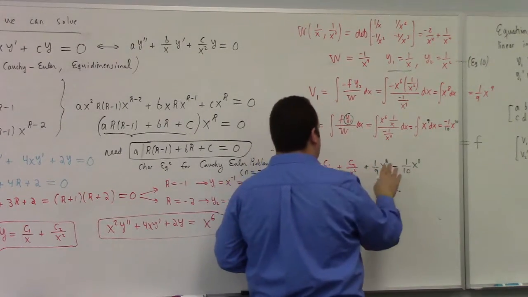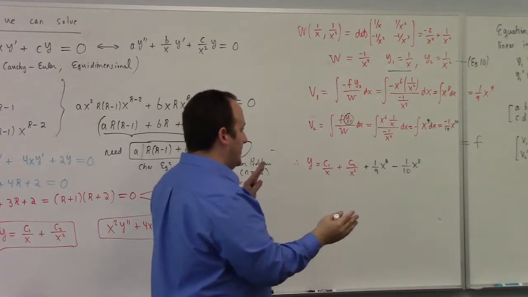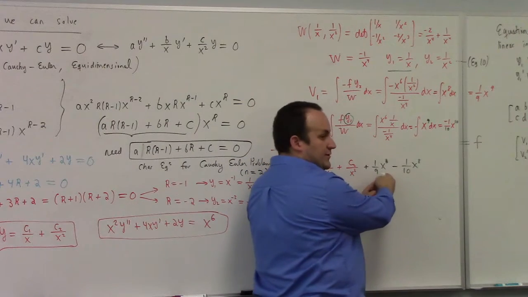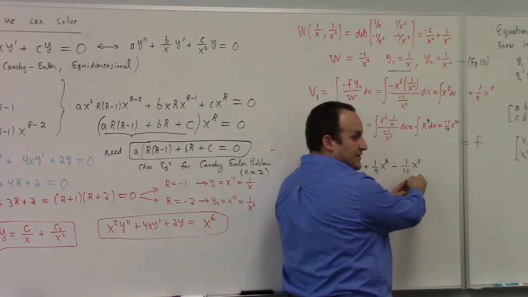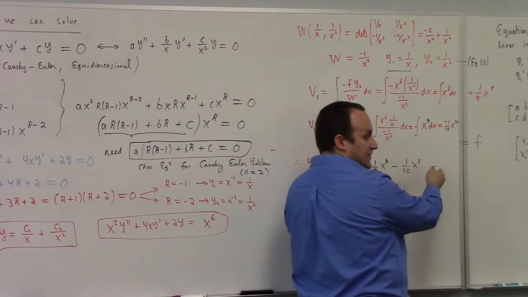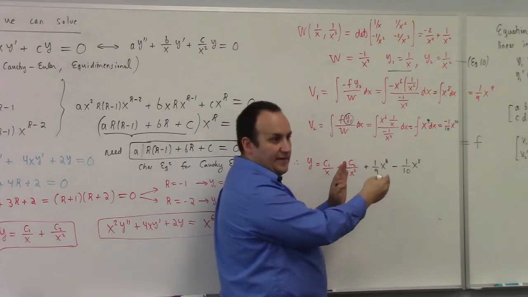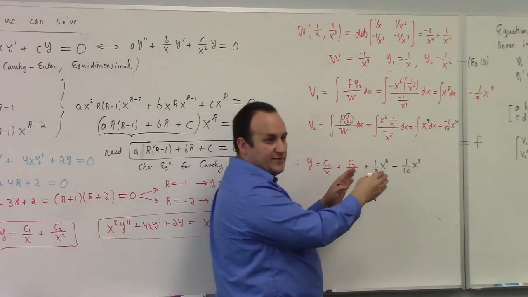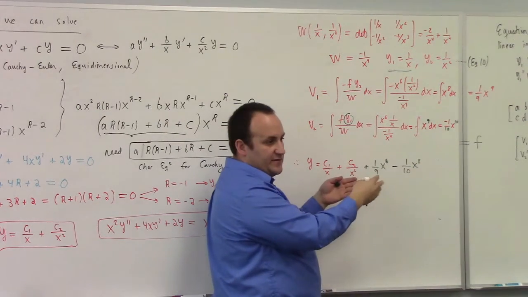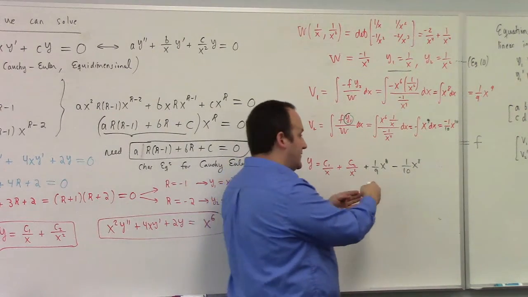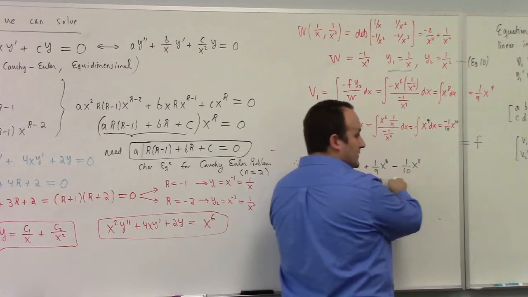This happens a lot, guys, with problems. You end up seeing that the v1 y1 term and the v2 y2 term are like actually just two parts of the same puzzle piece, and then they might be able to simplify. So sometimes if you do this method and you find an answer that doesn't match the back of the book, it could just be that there's some kind of way to simplify these, you know?